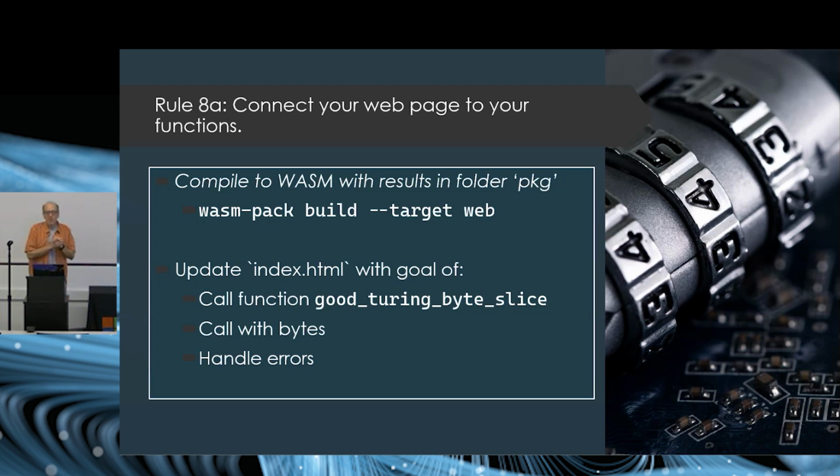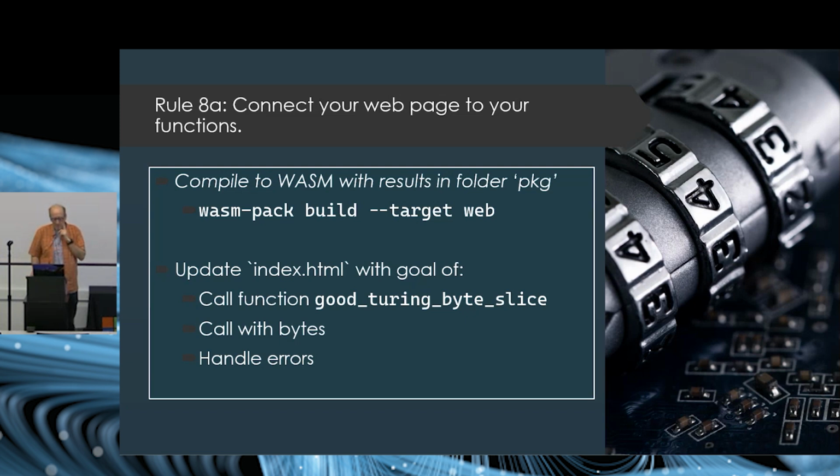Okay, so now we want to connect our web page and actually have it call these functions in our Rust package. And we can use the WASM pack tool to do that, and it'll create some files that the page will look at.